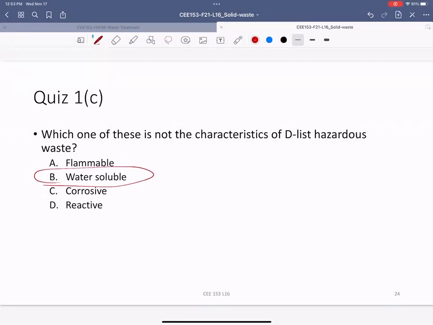Oh, you have a question? Yeah. So medical waste is hazardous, even though it doesn't have any of these characteristics. For instance, a glove. Think of somebody's used glove after surgery. That is a medical waste, even though it doesn't have any of them. It doesn't catch fire. It's not corrosive. It's not reactive.